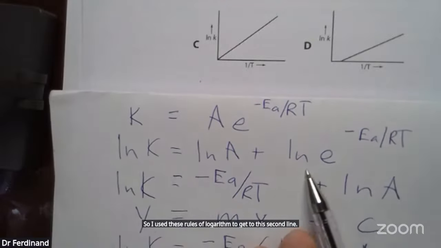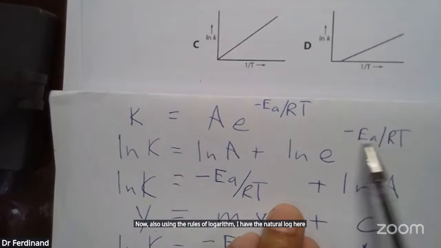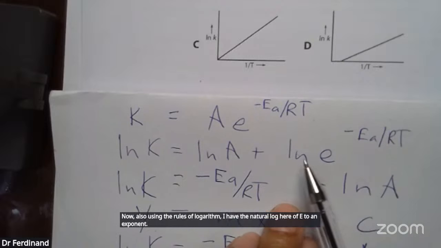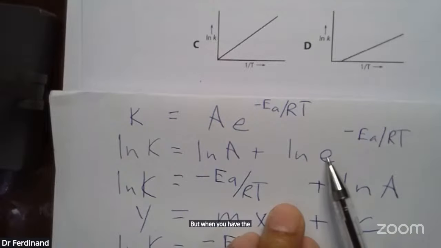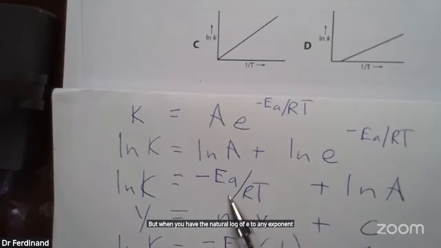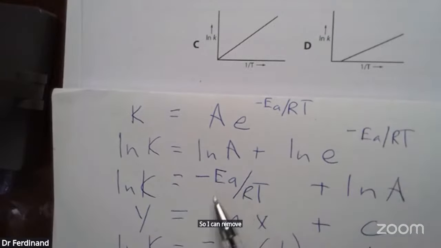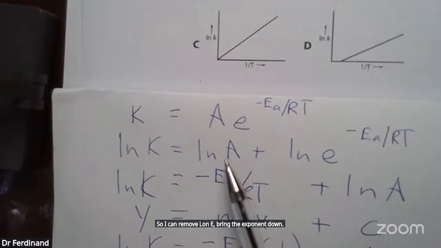Now, also using the rules of logarithm, I have the natural log here of e to an exponent. But when you have the natural log of e to any exponent, the answer is just the exponent. So I can remove ln e, bring the exponent down, and I just pushed ln A to the right.